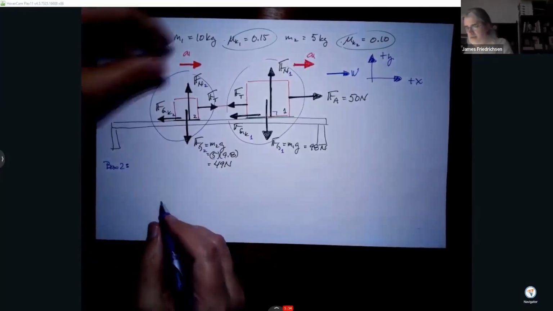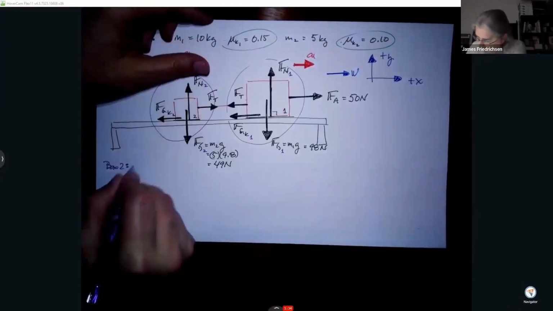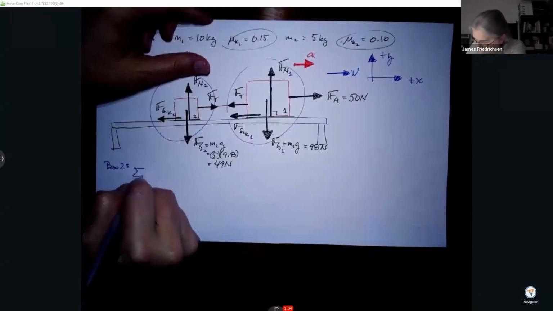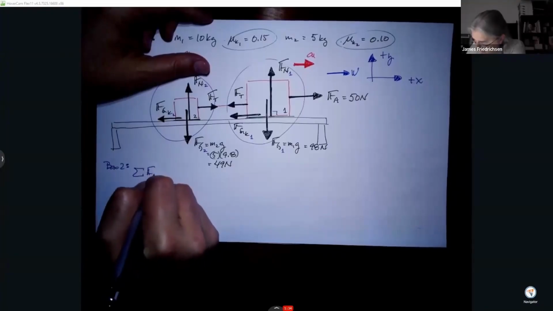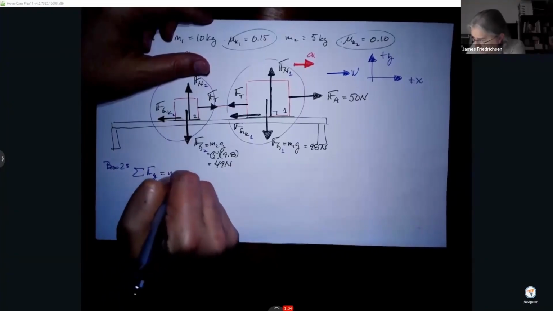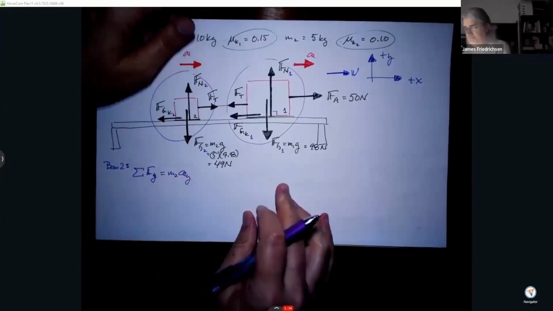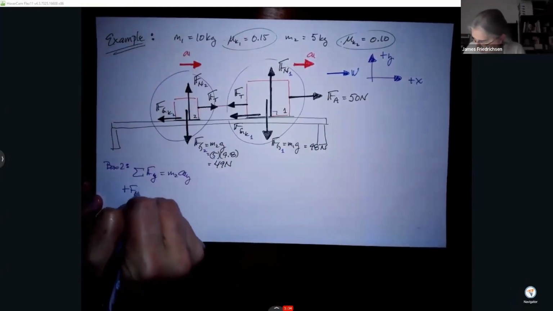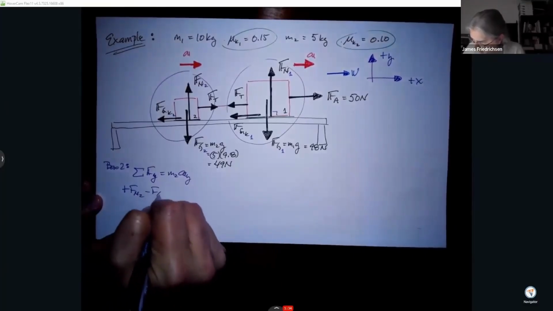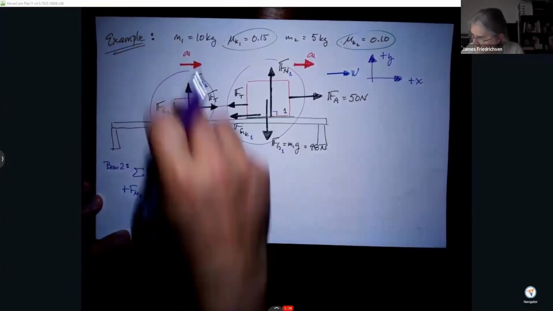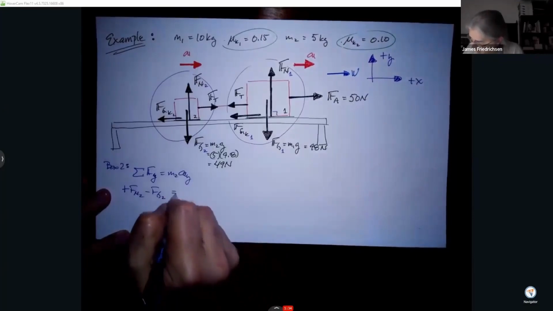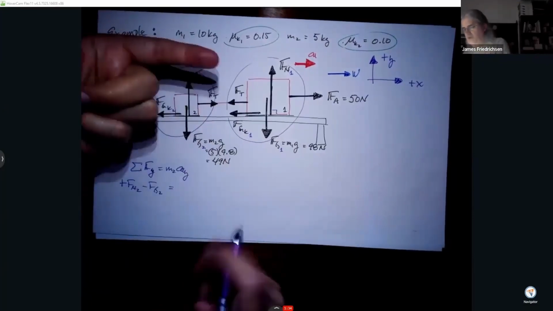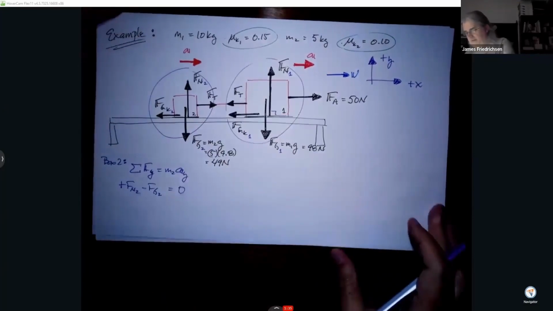We're going to do the sum of the forces in the y, which is how I usually like to start, is equal to mass 2 times ay. In this case, I'll have plus the force normal 2 minus the force of gravity 2, and that's it in the vertical. Since the A is purely horizontal, the y component of A is 0.